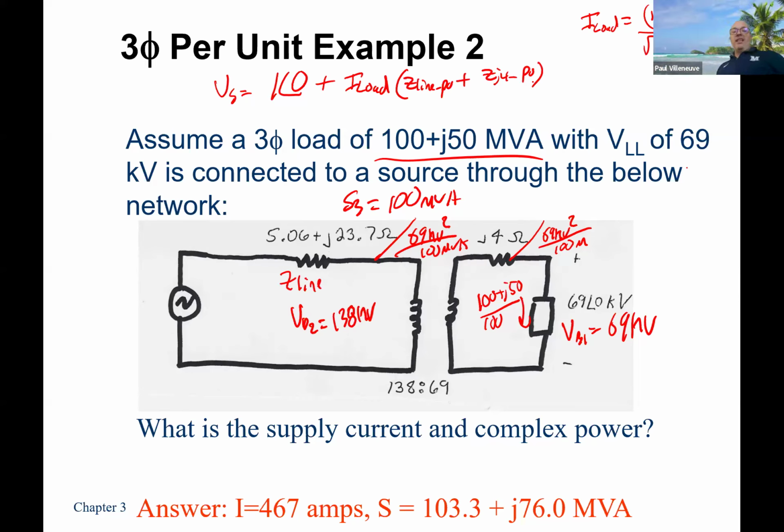That's going to give me a V that's in per unit. Then to get this final answer right here, this S, I'm just going to go S equals square root of 3 times V source times the conjugate of I, and then I multiply that by S base.